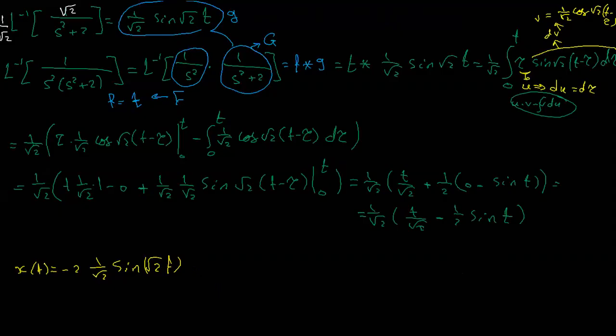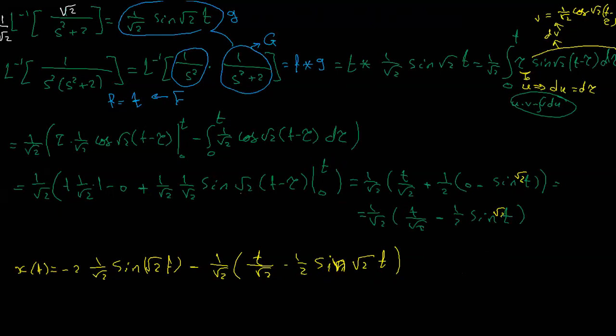The second one, it's negative, all of those: 1 over root 2 bracket t over root 2 minus half sine. Here I forgot the root. It has root, so sine root 2t, root 2t, root 2t. Okay?